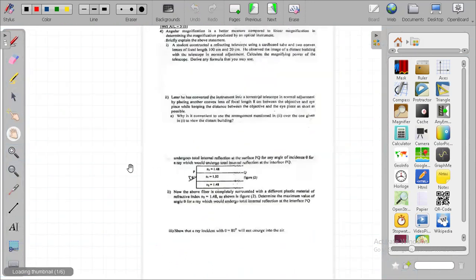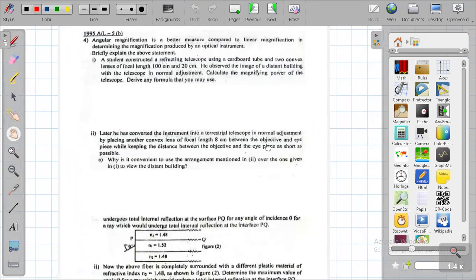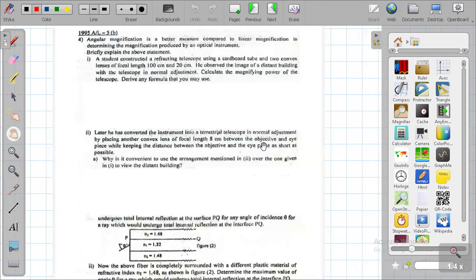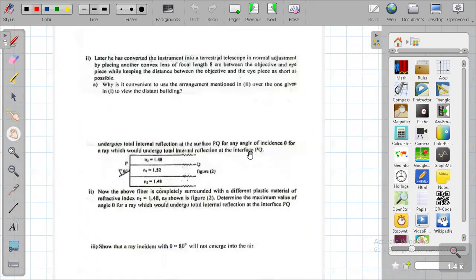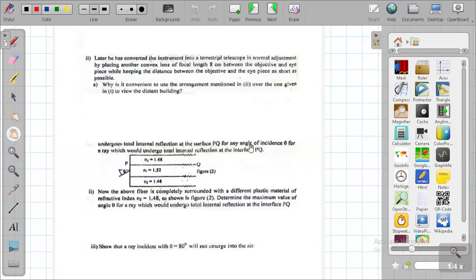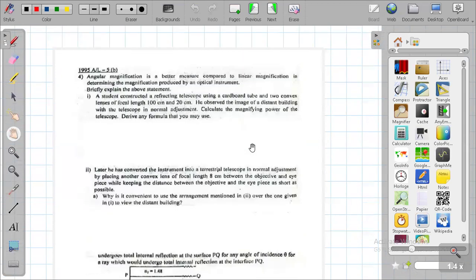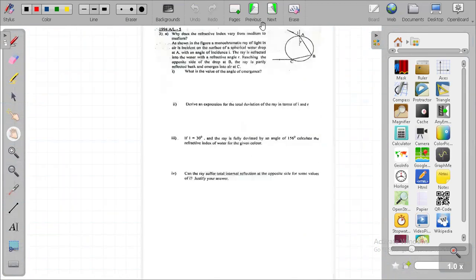Okay. Shall we just try this question? 1995. That's a little bit different, more difficult question than the previous one. So, are you trying to do this one at home?